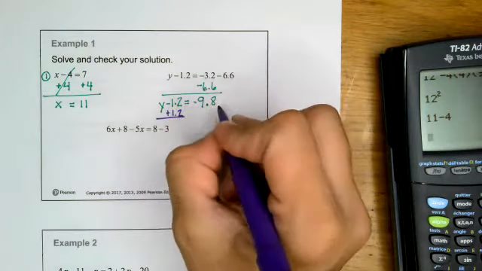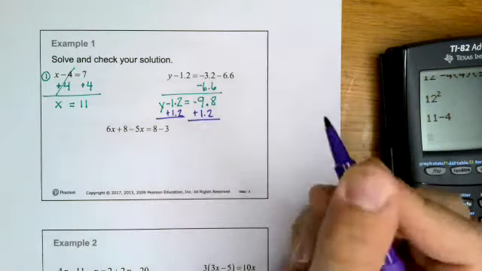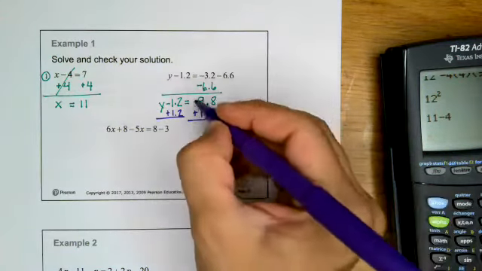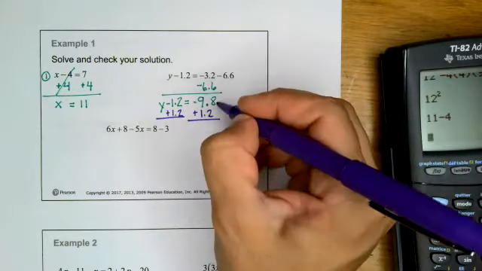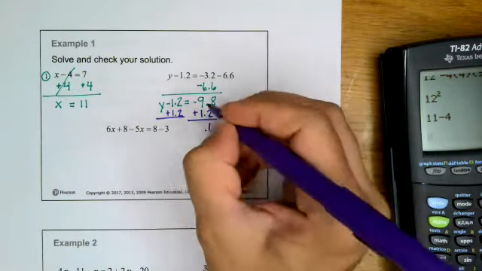Anything I do to this side, I have to do to this side. Line it up in case I'm doing it by hand. Now they have different signs, so I'm actually subtracting. 8 minus 2 is 6. 9 minus 1 is 8. Keep the sign of the bigger number because 9 is bigger than 1. So it's negative 8.6. Negative 1.2 plus 1.2 cancels out. So we have y is negative 8.6.